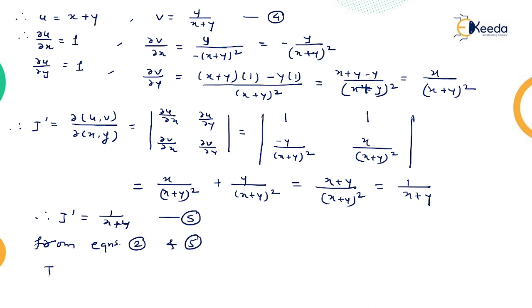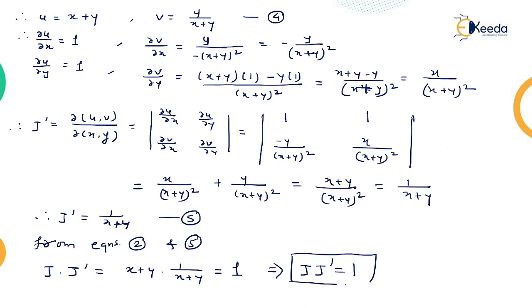You will get J into J dash equal to, J is x plus y, into J dash is 1 upon x plus y. So clearly the result is 1, that implies J into J dash is equal to 1, hence the proof. I hope you have understood this very well.